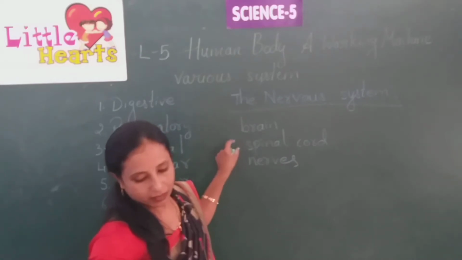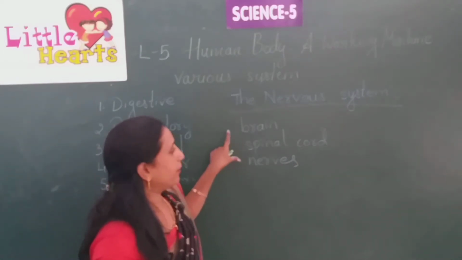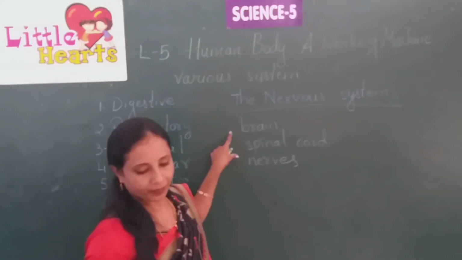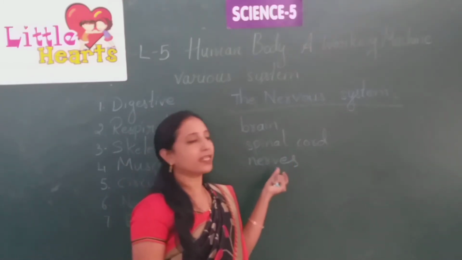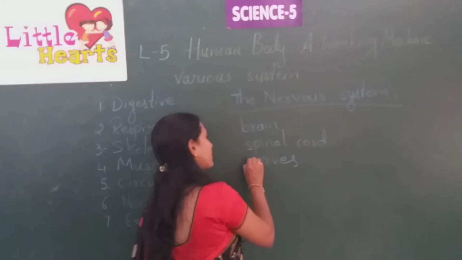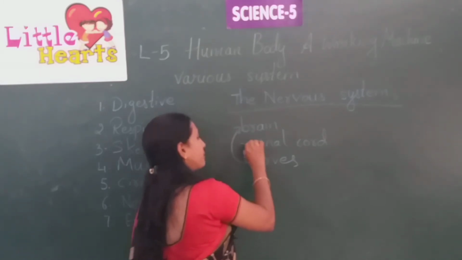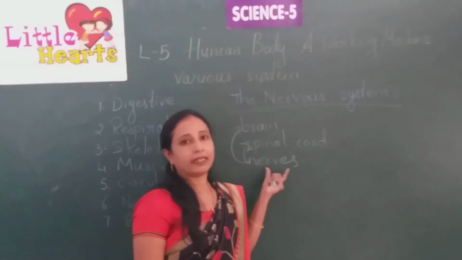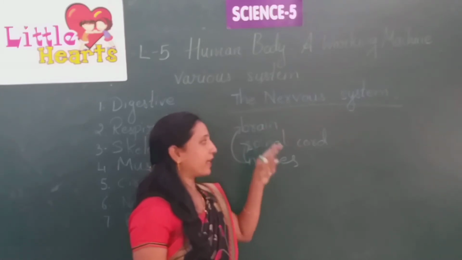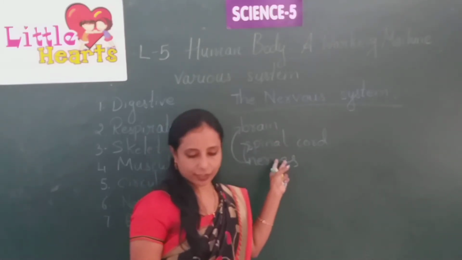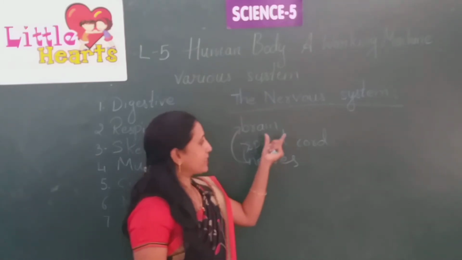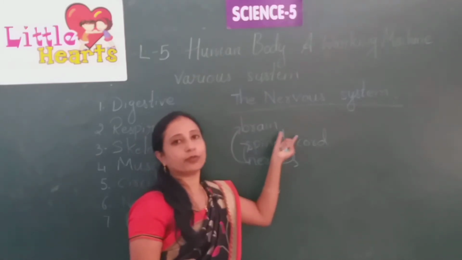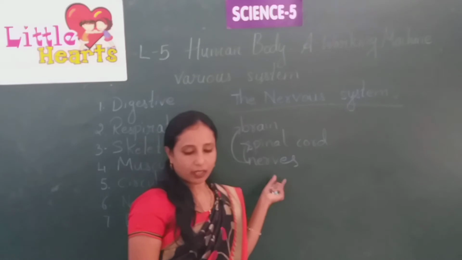These are the three main parts of the nervous system. Nerves link the brain and spinal cord. Nerves help the brain and spinal cord to do their function properly, and they send information to and fro to all parts of our body.